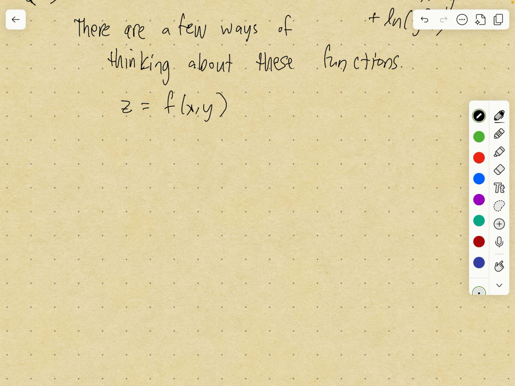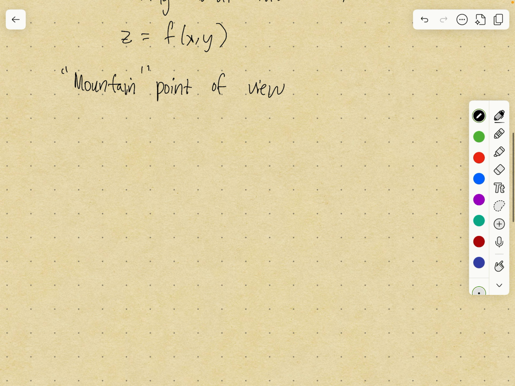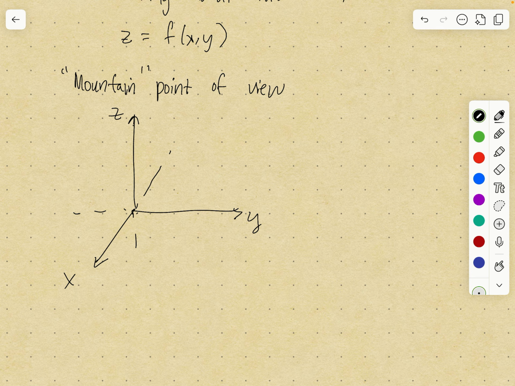The mountain point of view is you have your x comma y and your z, and you have these axes. So here's your x-axis, here's the y-axis, here's the positive z-axis, and of course it just goes back like this.